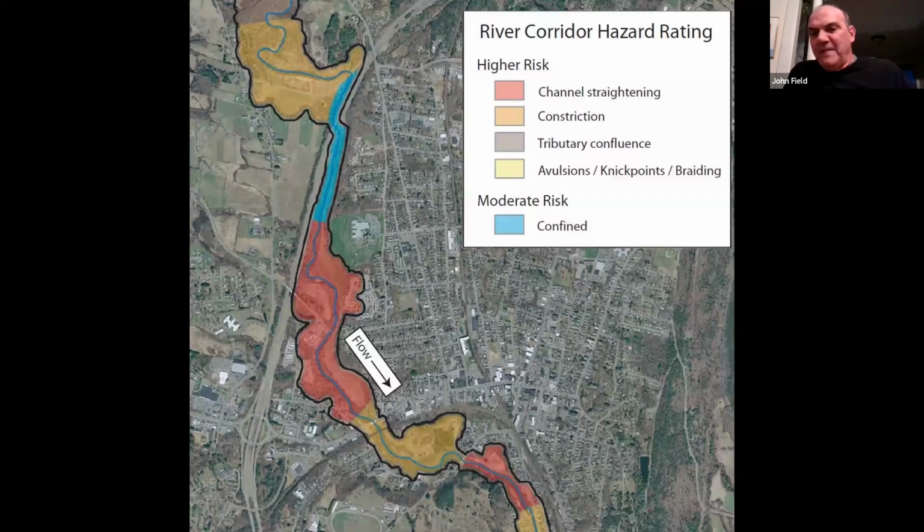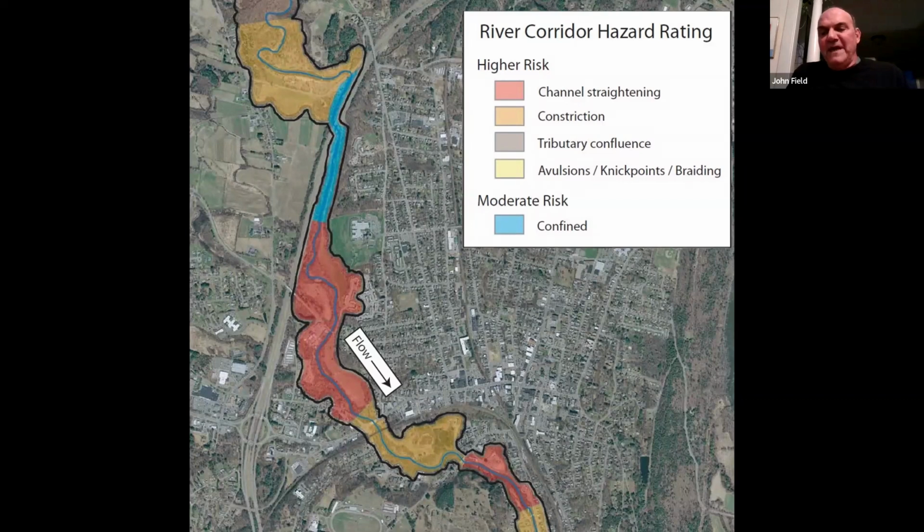And I spoke with Mike Klein. Some of you might know him. I spoke with him this week to refresh my memory about that project. And he said he was embarrassed, he wouldn't come visit the site for years, but he did want me to stress to this group that this is where Vermont River Management changed the way they did things because of how dynamic the Trout River was.